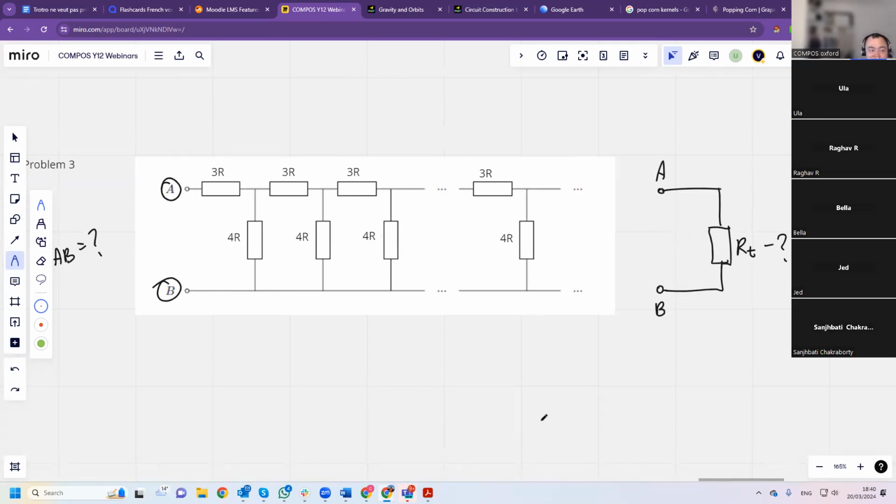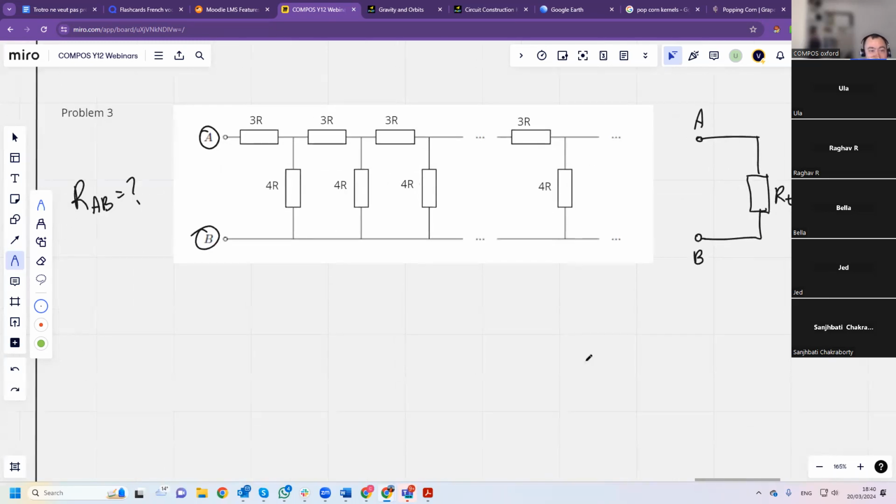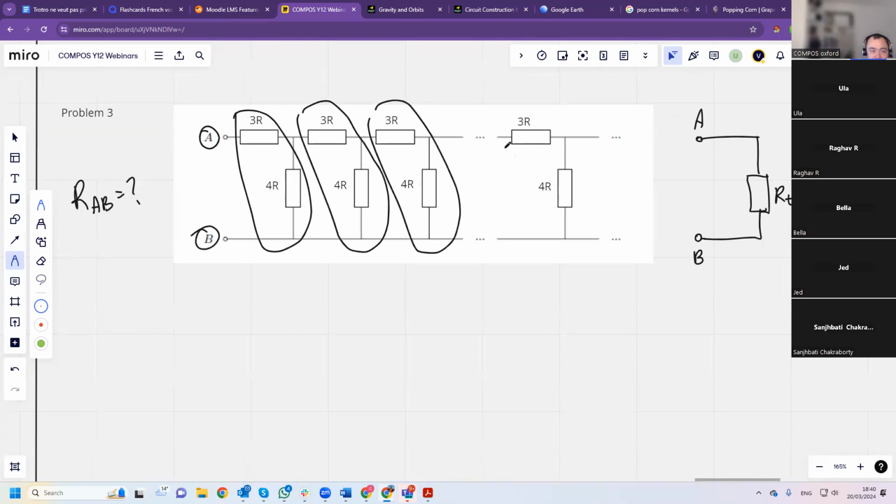And we need to do it the following way. As you can see, this chain is made of identical links. So infinity and infinity plus 1 is the same thing, right?